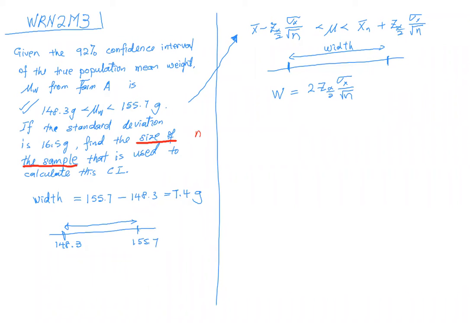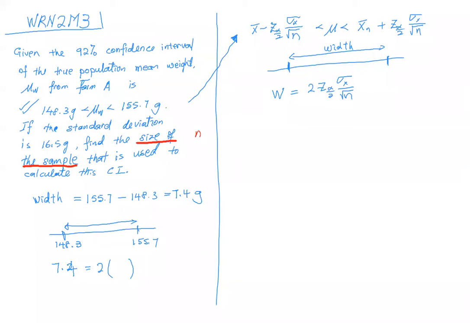So 7.4 is equal to 2 times that. Do I have the standard deviation? Is there a standard deviation for the population given to you?